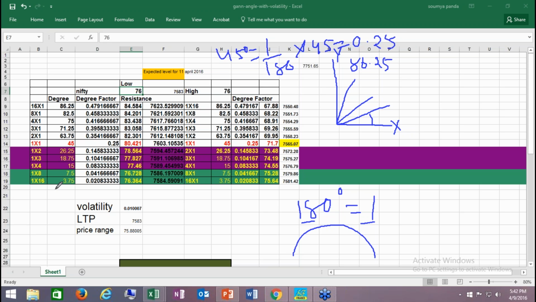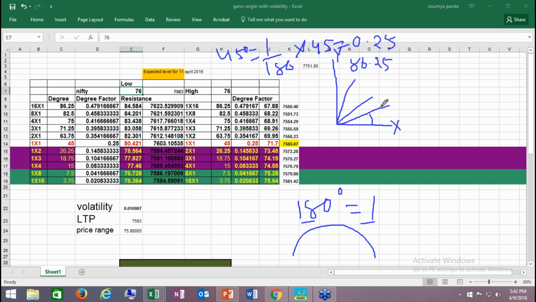All these angles are devised based on a semilog scale. So this x and y, if you draw on a semilog scale, there is a specific logarithmic scale, or graph paper is available wherein you can draw these lines.